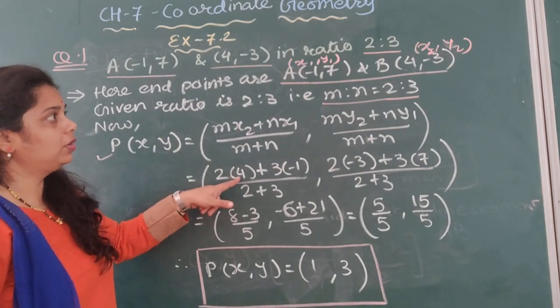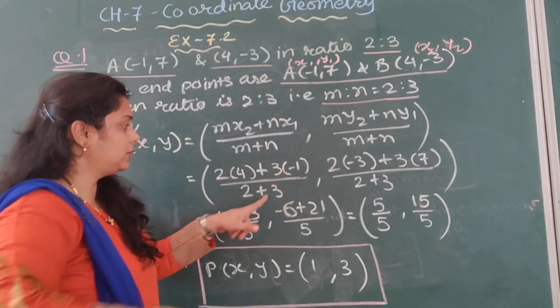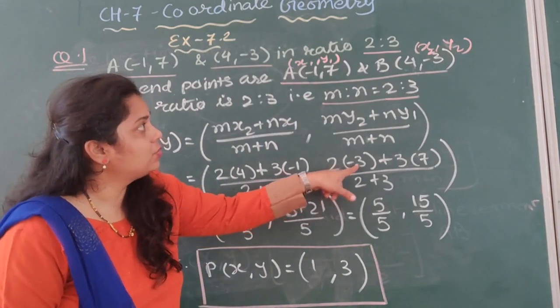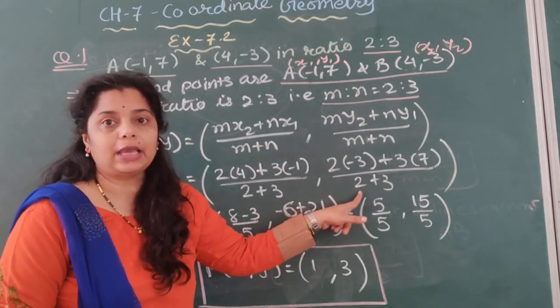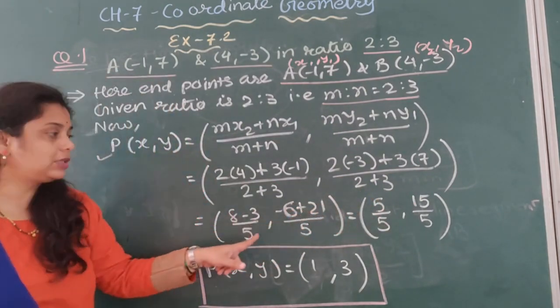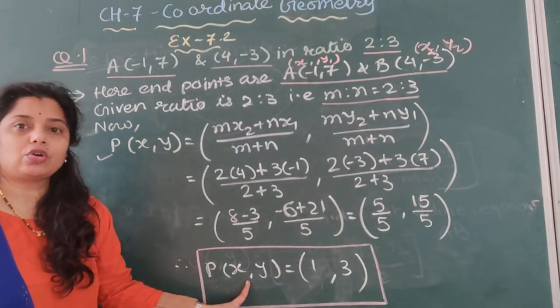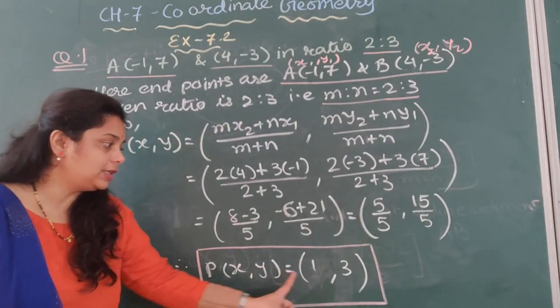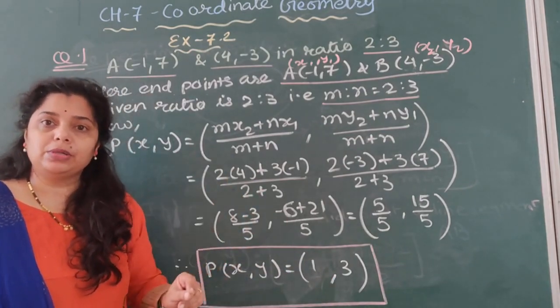So here 4 is the value of x2, x1 is -1, then 2 plus 3, y2 is -3, y1 is 7 and again m plus n means 2 plus 3. So after calculation I got that P(x, y) means x coordinate is 1 and y coordinate is 3. It is a simple method.